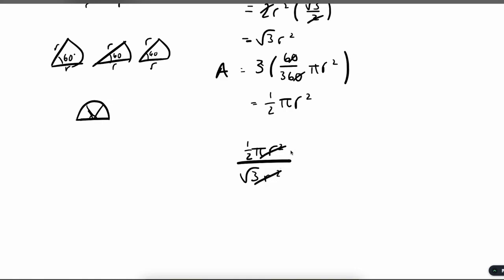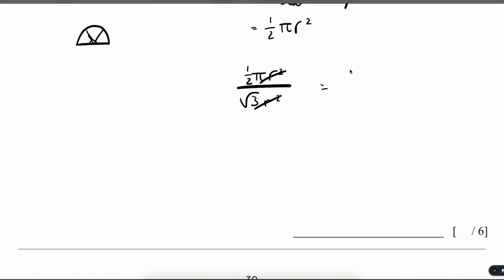The r squareds cancel out, so we end up with a half pi over root 3, and then to make the fraction into one nice big fraction rather than having a fraction within a fraction, we're going to multiply both sides by 2, so we get pi over 2 root 3. You can also rationalise the denominator, so you get root 3 pi over 6.